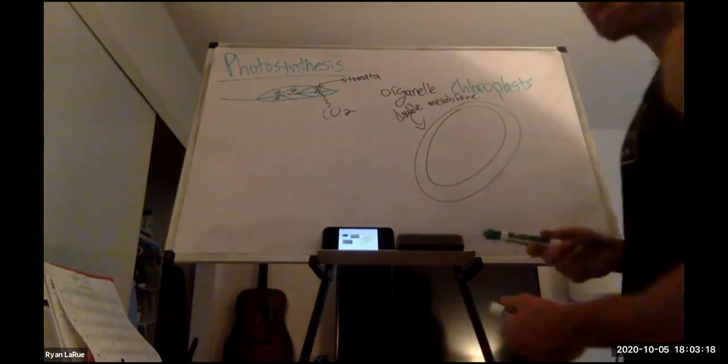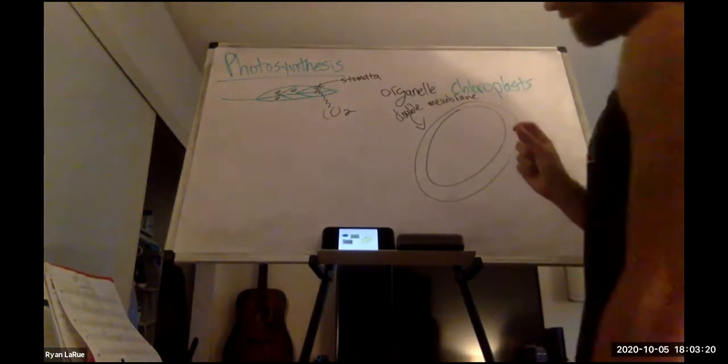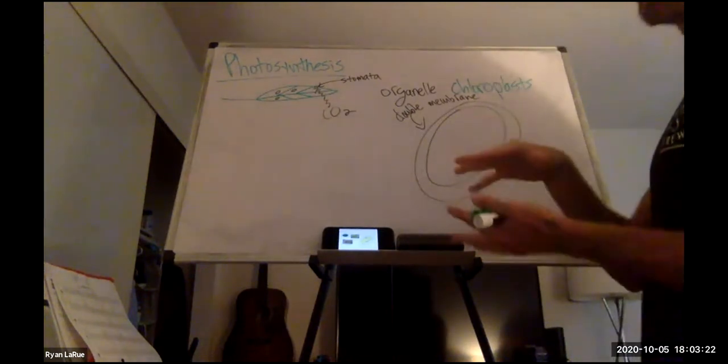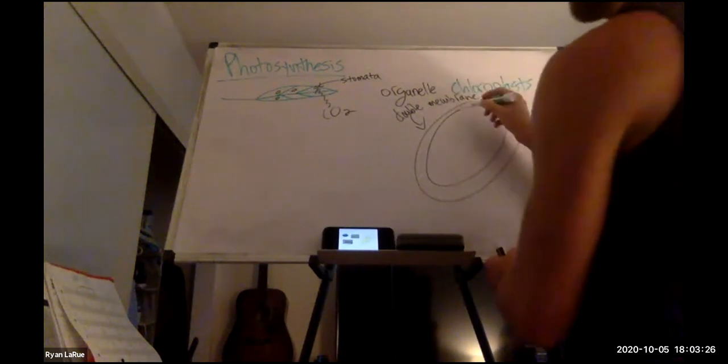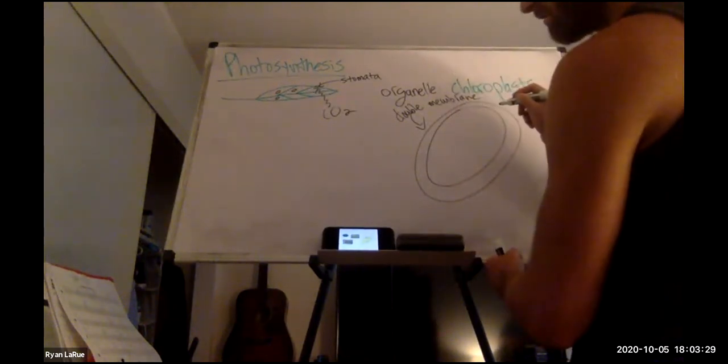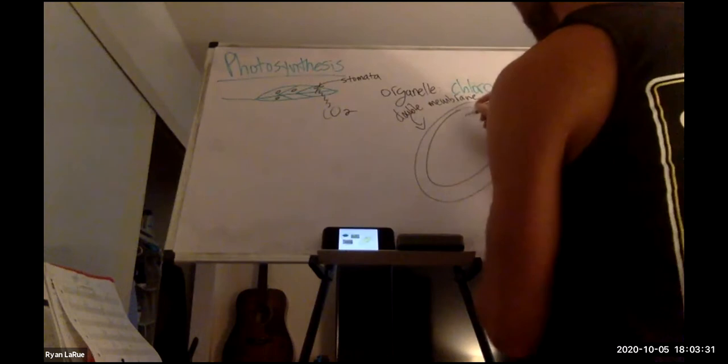And the chloroplast is full of these membrane sac discs. So discs of these membranous sacs called thylakoids. So let me draw a few.